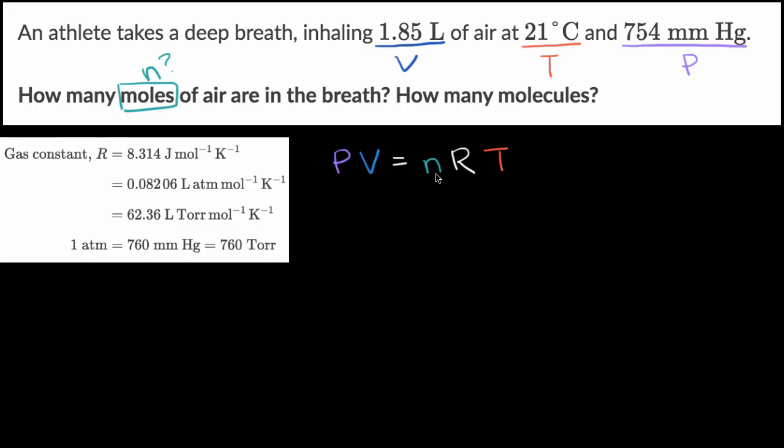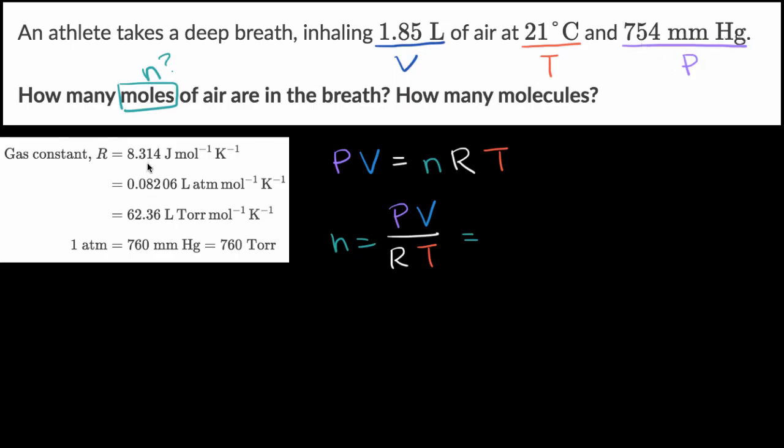To solve for n, you just divide both sides by RT, so n is equal to pressure times the volume over R times T. Our pressure is 754 millimeters of mercury.